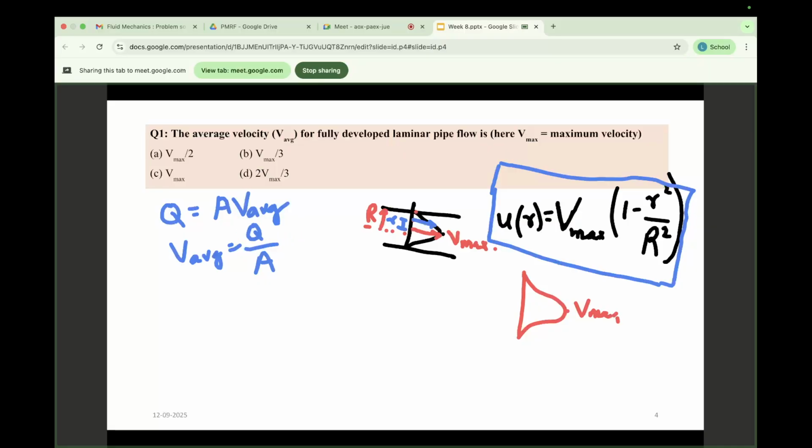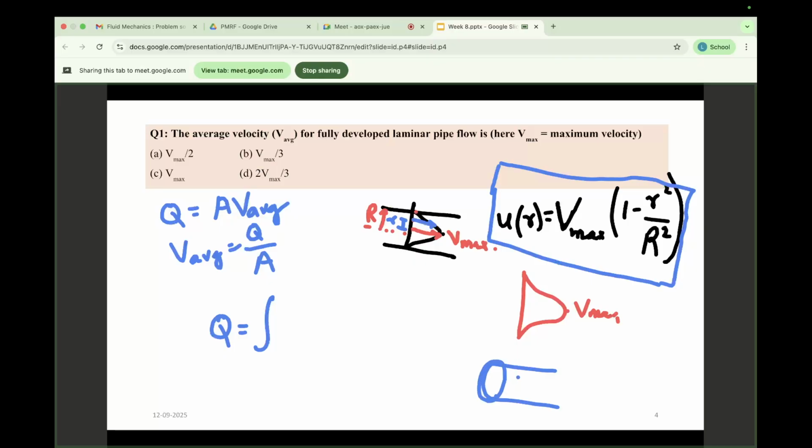So what do we need? We need this Q. How will you find this Q? To find this Q, what do you need to do? You need to integrate. Okay. So how will you integrate this thing? For this integration, say this is the tube, right?